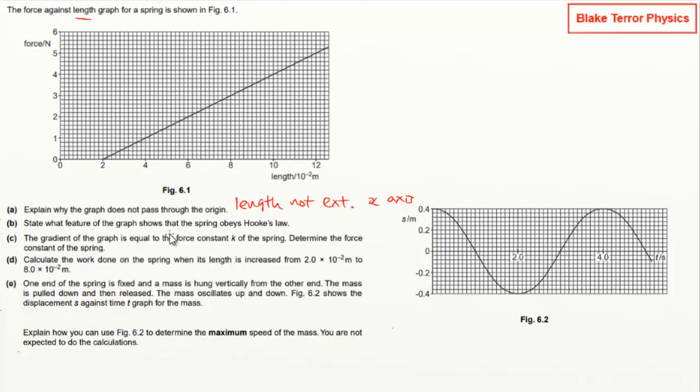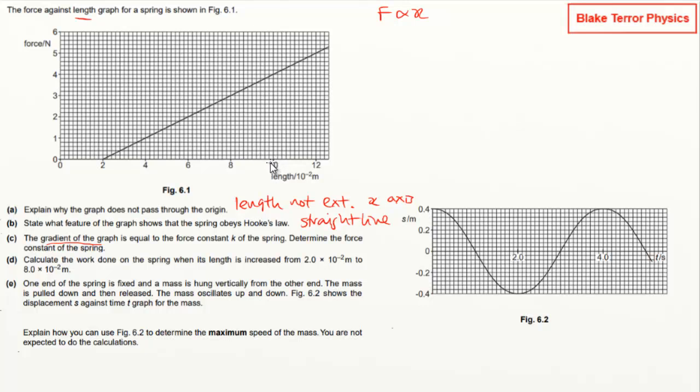State what feature of the graph shows that the spring obeys Hooke's law. So a straight line, because that's the whole point of Hooke's law, that the force and the extension are proportional to each other. The gradient of the graph is equal to the force constant k of the spring. Determine the force constant of the spring. They say the gradient of the graph, but it's a dead straight line. So as we've said many times before, you can just pick a pair of points off.